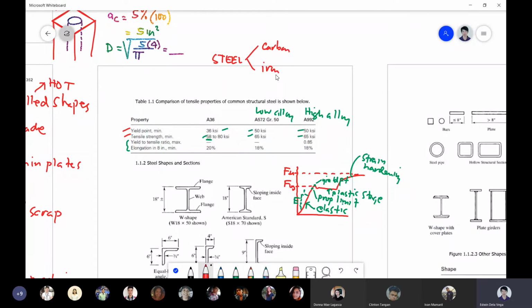And then when you make use of some metallic substances, you add it with basically your steel, you form an alloy of steel. Okay, so it can be a low alloy steel, and a high alloy.